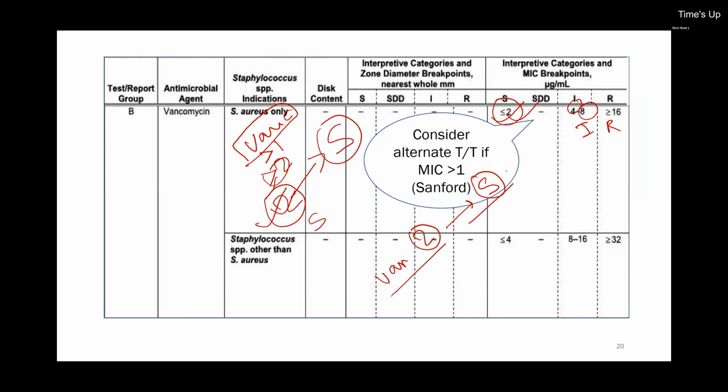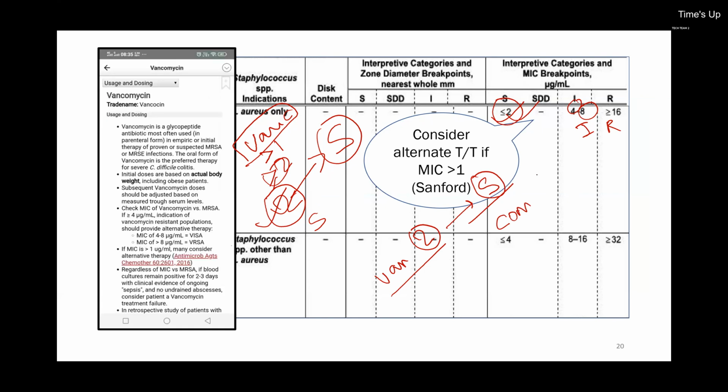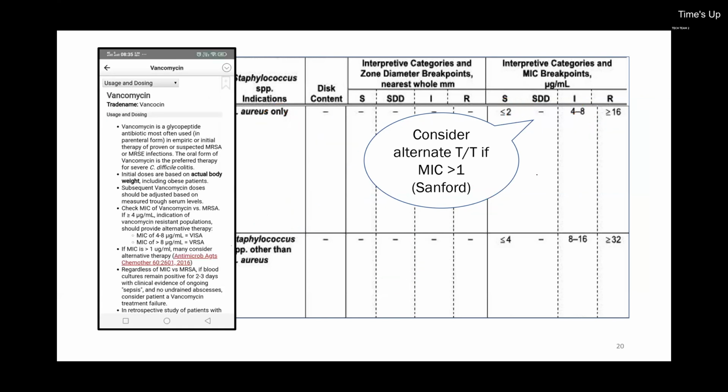Even if your report is going to be susceptible, you have to inform your clinician with a comment below your report that even if it is susceptible, it is not going to be therapeutically reliably successful. EUCAST has this recommendation, as well as Stanford and other guidelines.